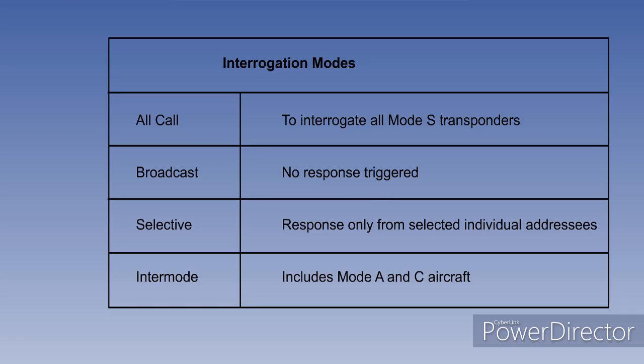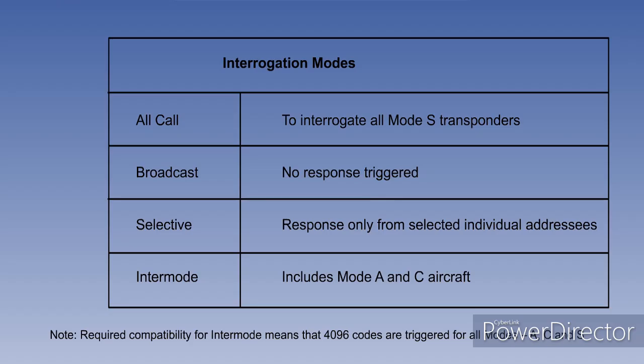The ground station makes an all-call interrogation. Mode Alpha and Charlie transponders reply with their standard 4096 codes, and Mode Sierra transponders reply with a full Mode Sierra response. Incidentally, if a non-Mode Sierra ground station interrogates a Mode Sierra-equipped aircraft, the standard 4096 code Mode Alpha and Charlie reply is made.